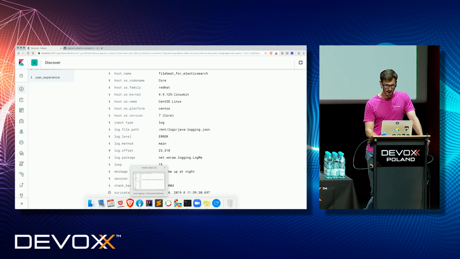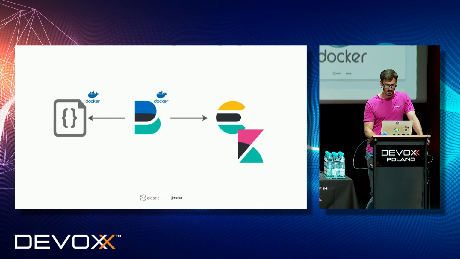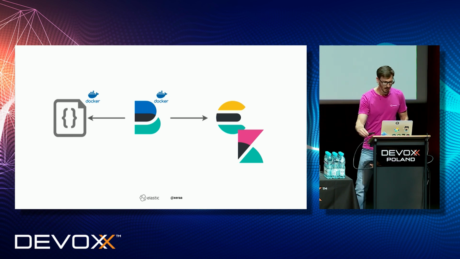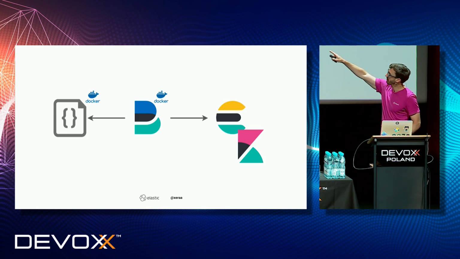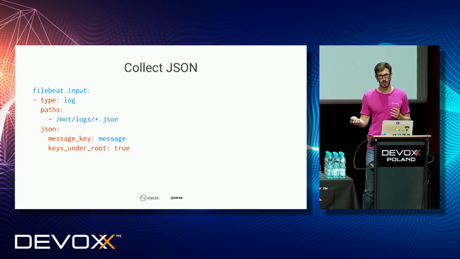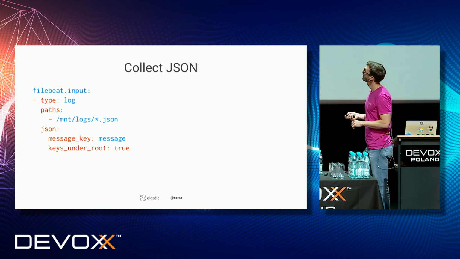And for FileBeat, this is actually very simple. All we have to do is tell it, well, this is JSON, and we need to collect JSON correctly. So my beat is writing out to the JSON file, the FileBeat is tailing it, and it sends it directly to Elasticsearch because we don't need Logstash anymore. There's no parsing to be done in this example, so we can just skip Logstash here. This is what you need to configure in FileBeat.